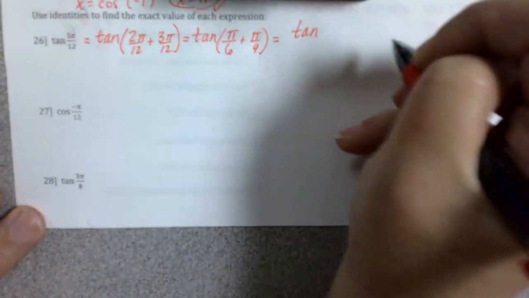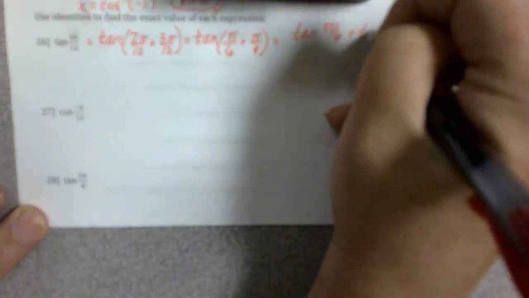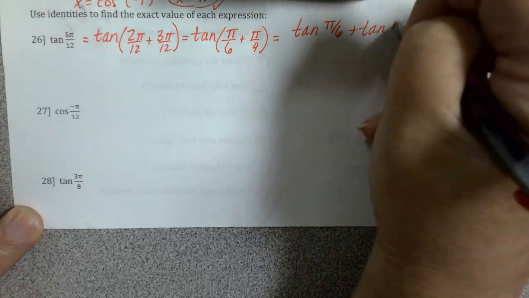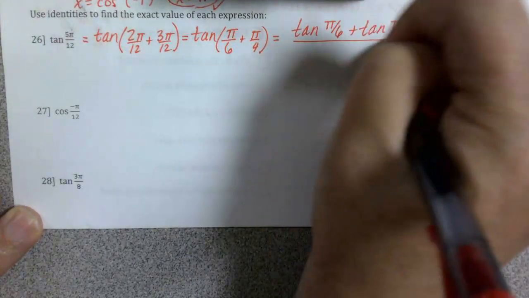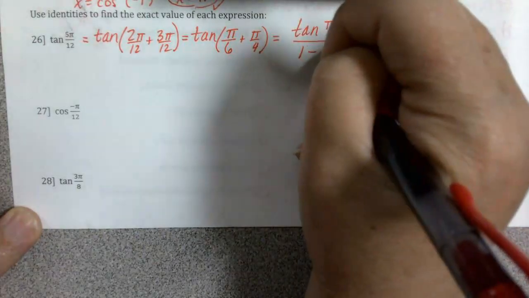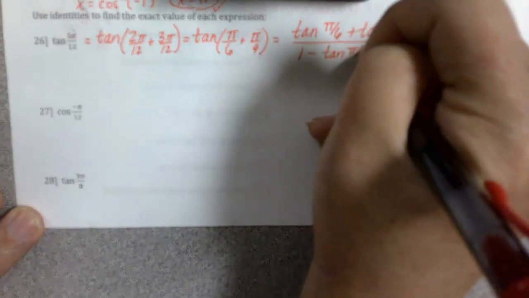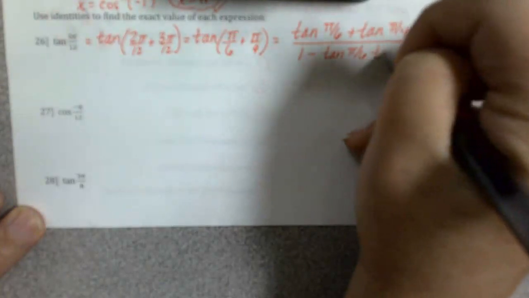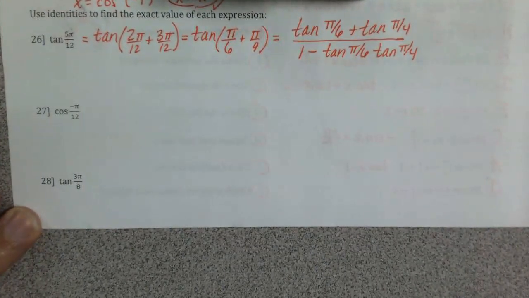So our tangent sum identity is the tangent of the first angle, pi over 6, plus the tangent of the second angle, which was pi over 4. And that's divided by 1 minus the tangent of the first angle, pi over 6, times the tangent of the second angle, pi over 4.